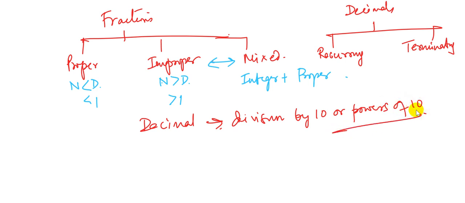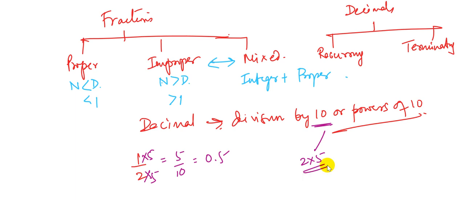So that means if I have 10 or a power of 10 in the denominator, then it will be terminating, simple. Like for example, 1 by 2. I have a 2 in the denominator, I can multiply by 5 on top and bottom. So this becomes 5 by 10, which is 0.5. Division by 10, and 10 is nothing but 2 times 5. So that means I need to have 2 or 5 in the denominator.